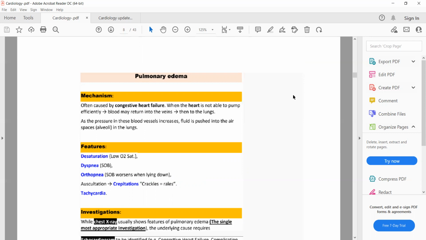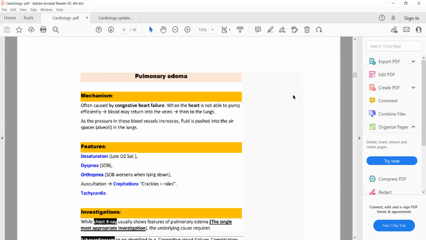What will happen if there is decompensated heart failure, or the heart fails to pump the blood into the aorta or the pulmonary circulation? Heart failure can manifest in two forms. One is pulmonary edema, and the other one is ascites or peripheral edema.